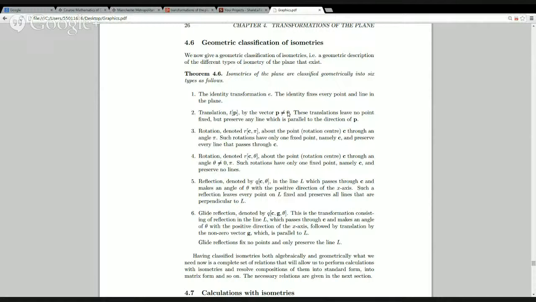Now this matrix is going to be an orthogonal matrix, as we discussed last time. So the matrix A will be orthogonal. So A will have entries a, b, c, d.